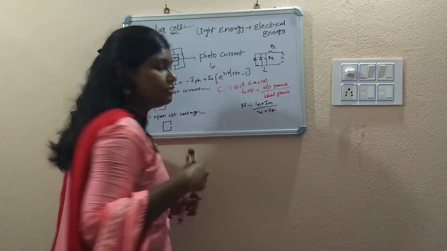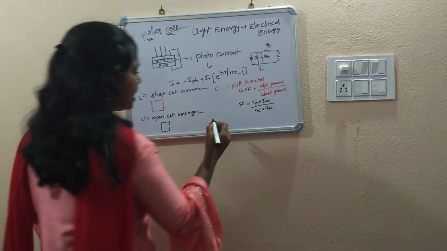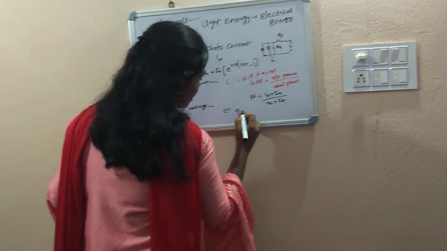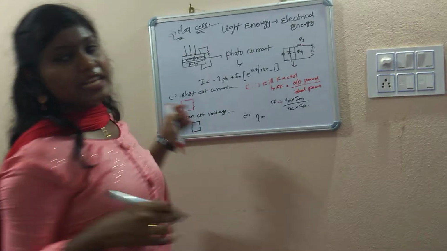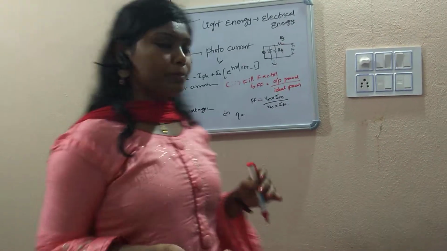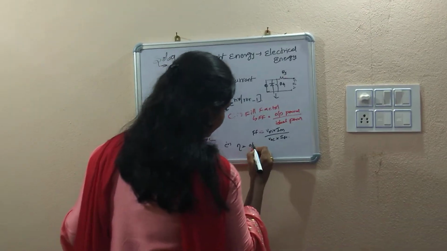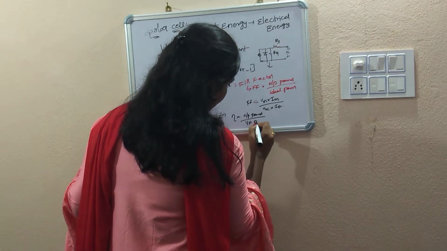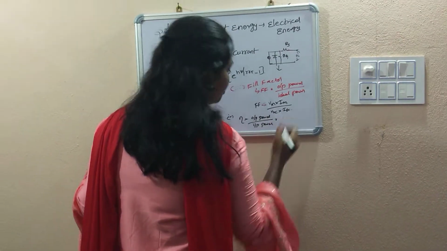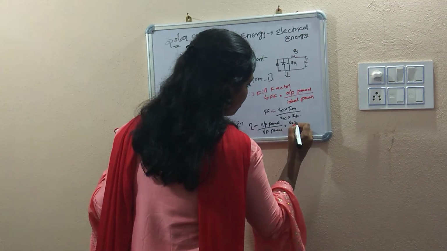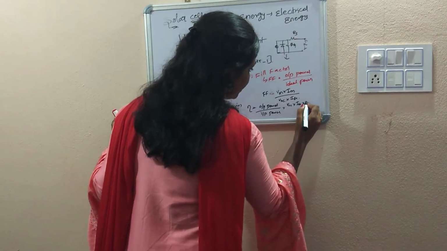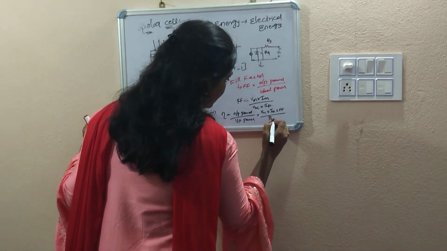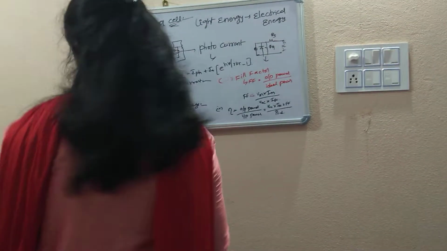And the last one, efficiency, which is the ratio of output power to the input power. The output power equals open circuit voltage times short circuit current times fill factor, divided by P radiation.